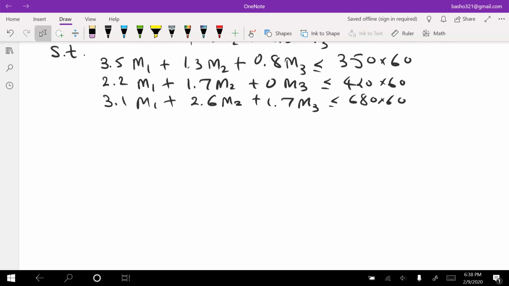The demand or the requirements: total frames should be at least 5,000, manufactured plus purchased. Total supports should be 2 times 5,000.